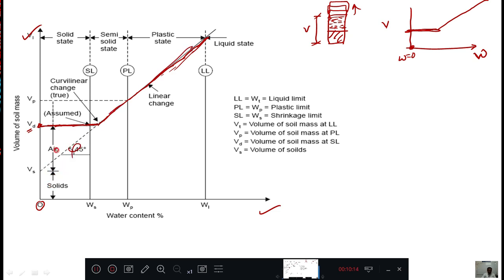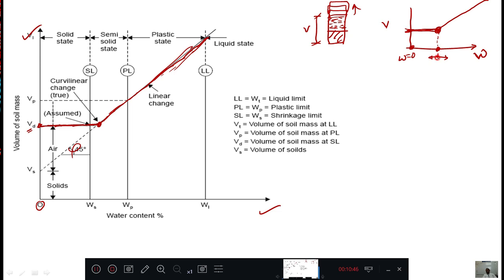Just think that this is an old graph, and at a particular point, this point has some water content, from which if you increase water more than this, then its volume is changing. If you decrease the water below this, then volume is constant.